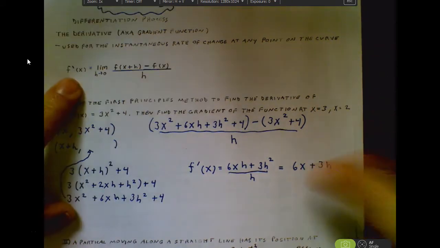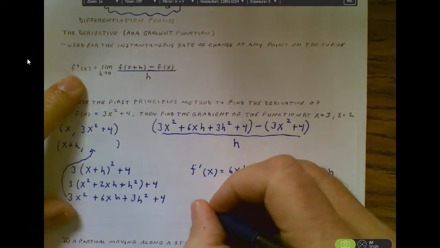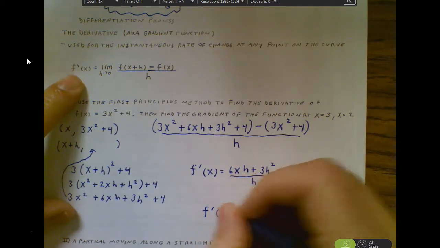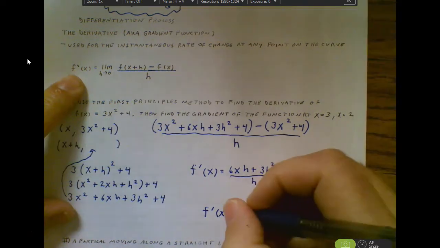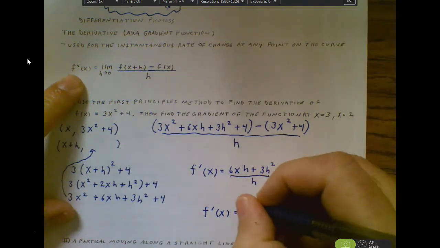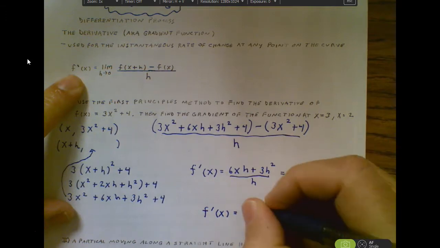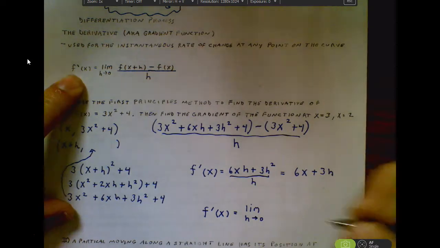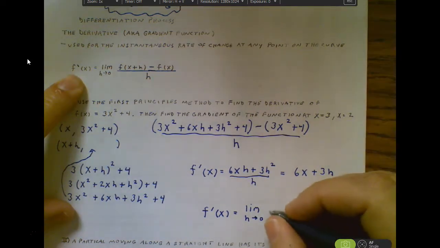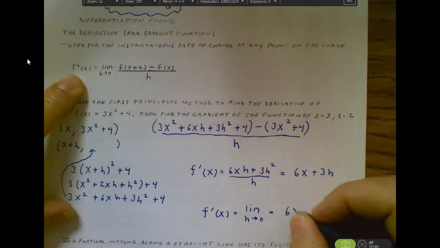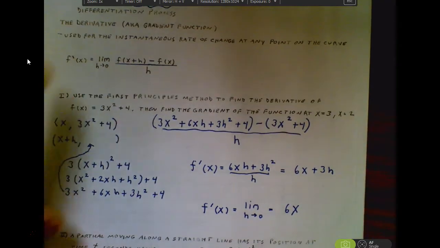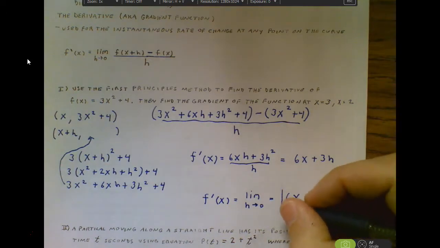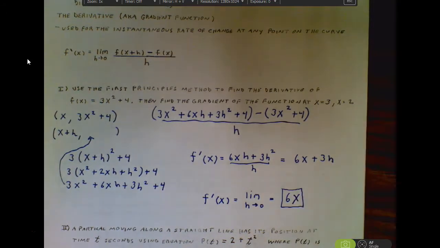And so we're going to finish off this notation, say my derivative, which is f prime of x, is the limit as h approaches 0 of that, which became 6x. And so here we go. We have our derivative, and that was using the first principles method.